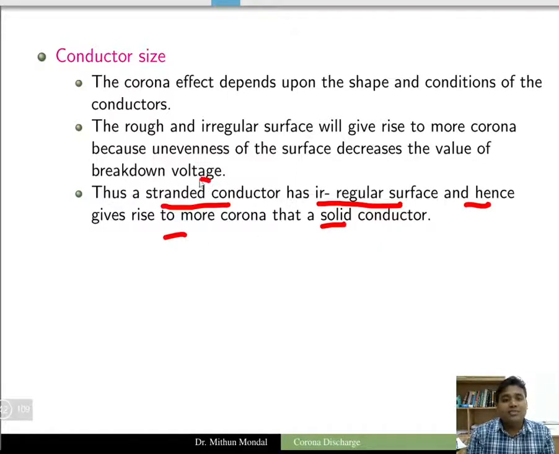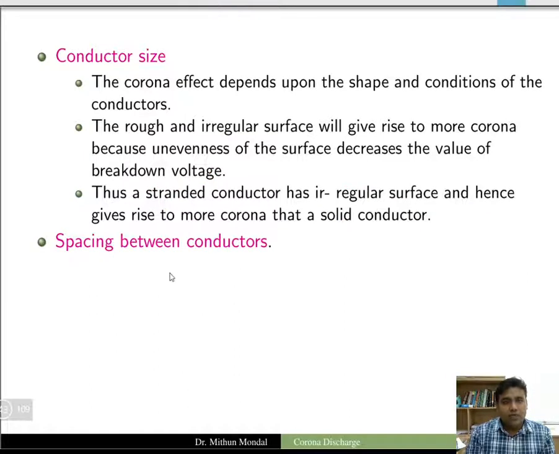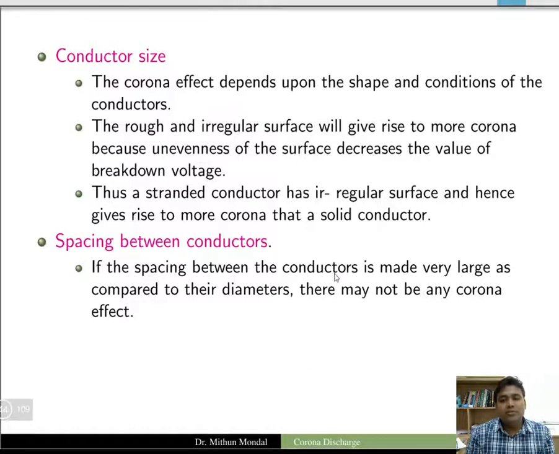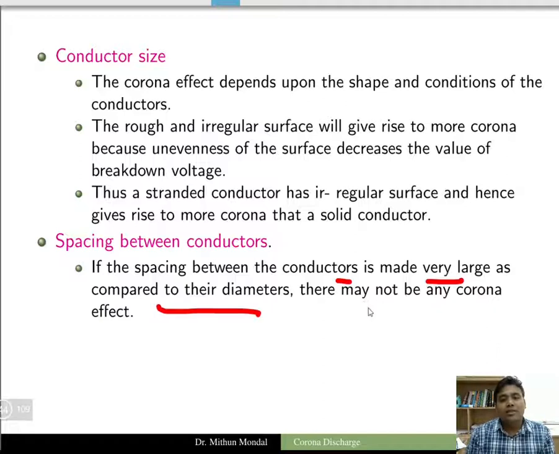So, whenever you have a stranded conductor which is having an irregular surface, it will give rise to more corona than a solid conductor. Now, the next factor that we are going to discuss is spacing between the conductors. So if the spacing between the conductors is made very large as compared to the diameter, they may not have corona effect. So here we have the potential difference.